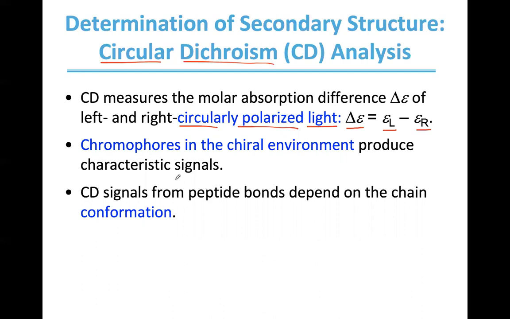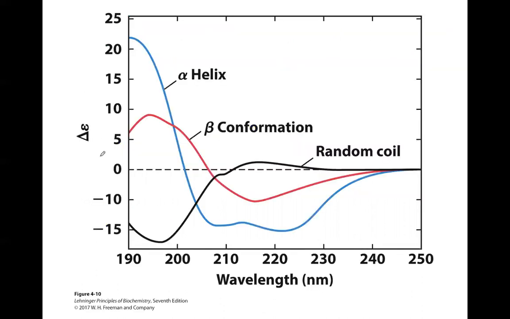And there are characteristic signals. So let's look at that. This is delta extinction coefficient, delta epsilon, and this is the wavelength, right? Depending on the wavelength, this difference between the L and R will change.